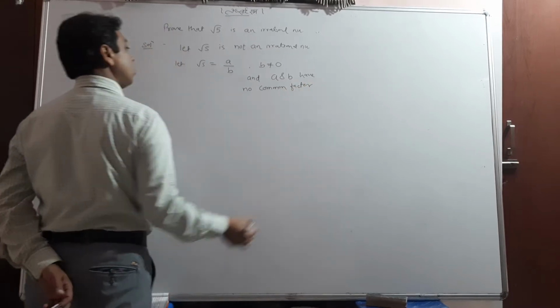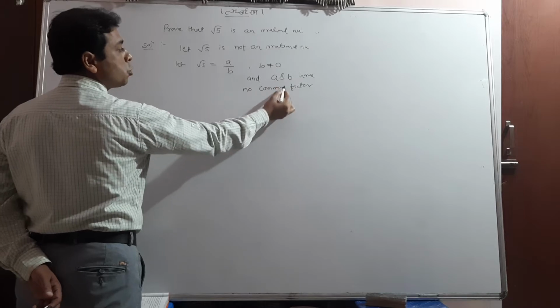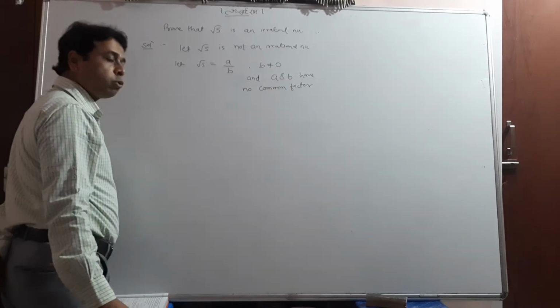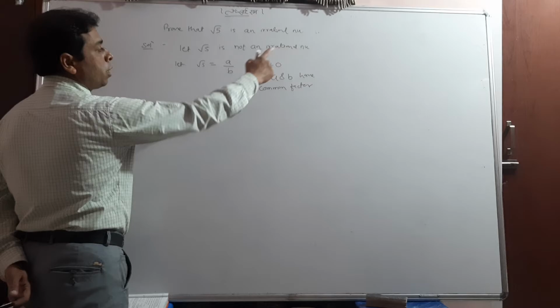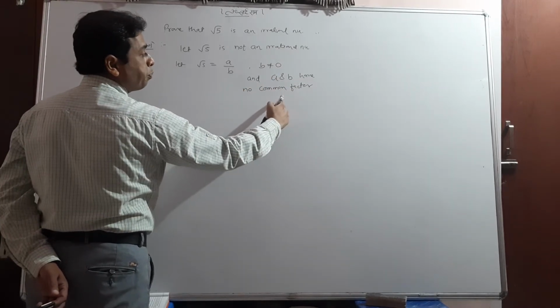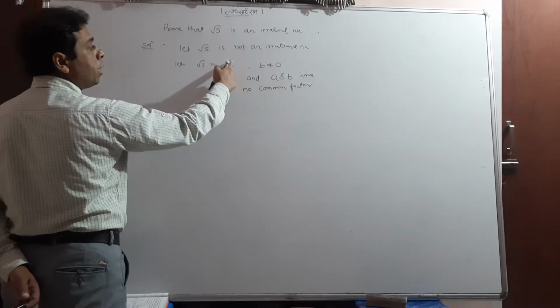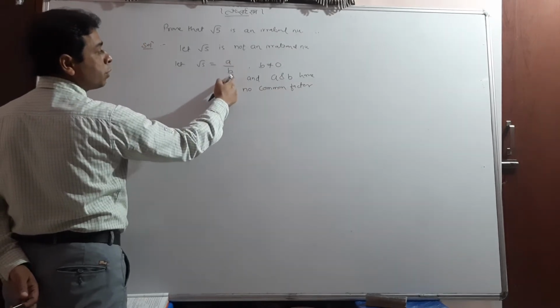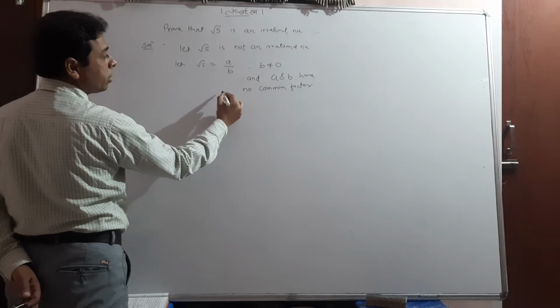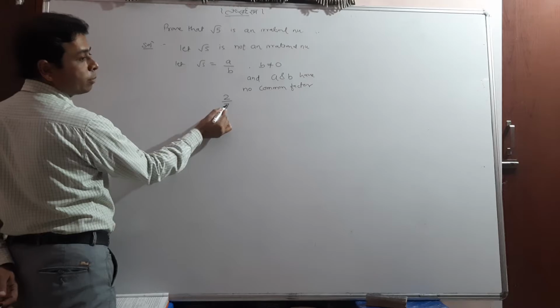Please try to understand that this is very important language which I used here, and you have to use also in your habit. a and b are co-prime numbers, meaning a and b are in simplest terms. If you are still confused, like 2 by 7, which are not cancelling by anything.